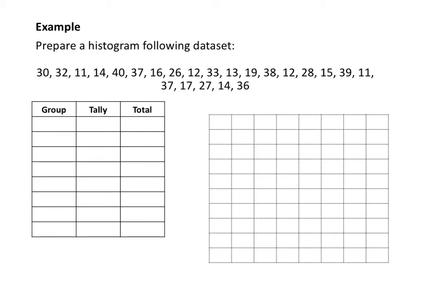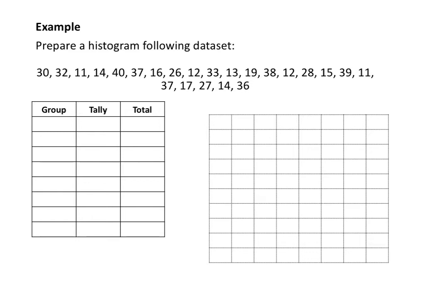In this example, I want to prepare a histogram for the dataset provided. The first step is to prepare the frequency table to group my values together to allow me to plot onto the histogram. To do that, I need to determine what my groupings are going to be.